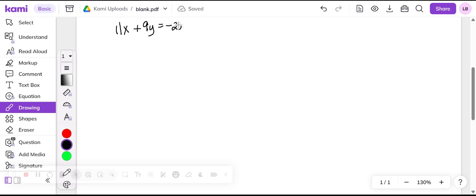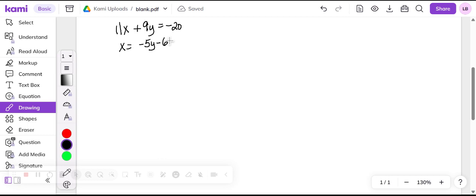And my second equation is x equals negative 5y minus 6. We are going to look for a solution, an x and y combination that will make both of these equations true.